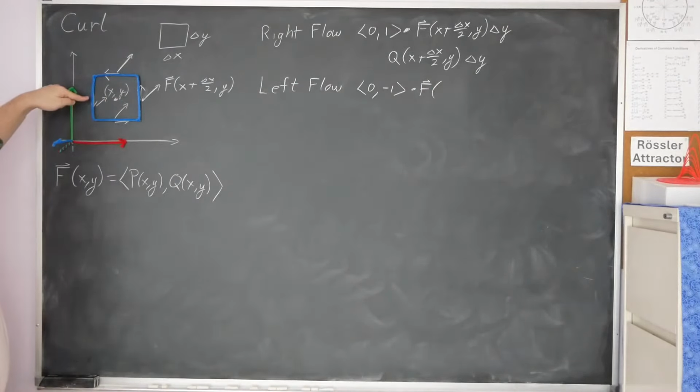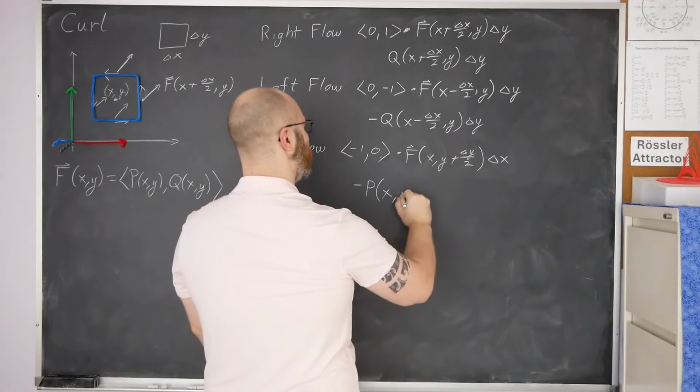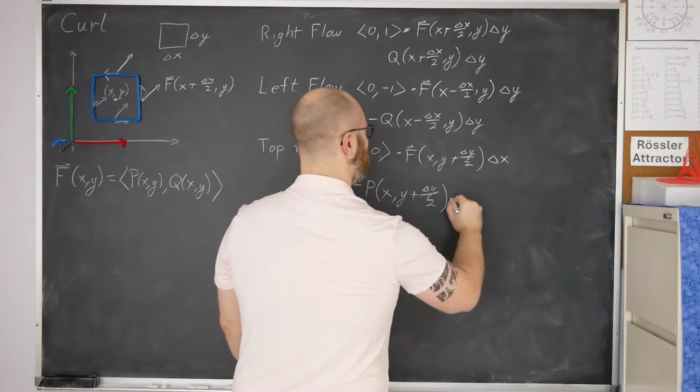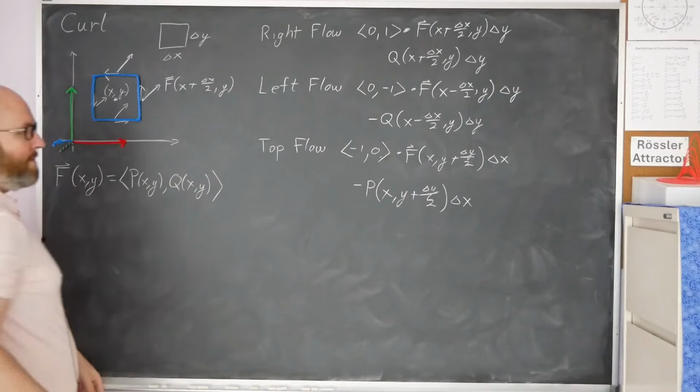X comma y plus delta y over 2. And then I do want to multiply by the side length of the box, which is delta x. All right, and then simplifying that, I have negative 1 times p, 0 times q, so it ends up being negative p times x, of x, y plus delta y over 2 times delta x.